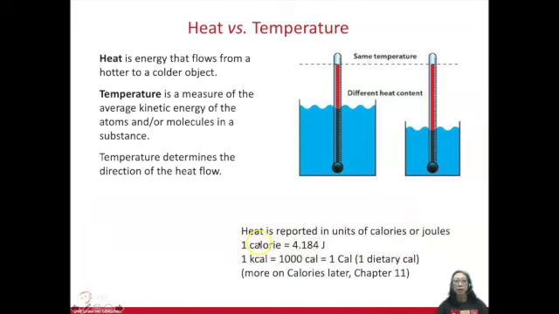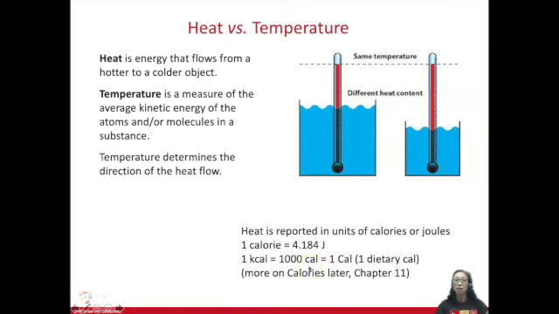Now, heat is a calculated value, and the units of heat should always be one of these: calories, and this is going to be linked to nutritional calories, food calories, or joules. And so the conversion factor from calories to joules is that one nutritional calorie or dietary calorie is an uppercase C calorie, which is equal to 1,000 calories that are chemistry calories that we would measure in a lab.